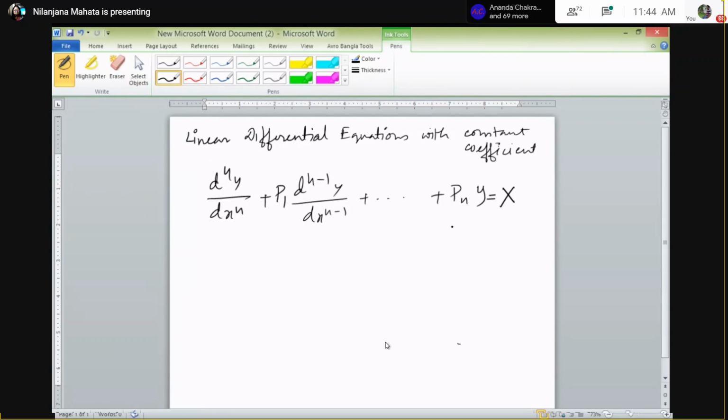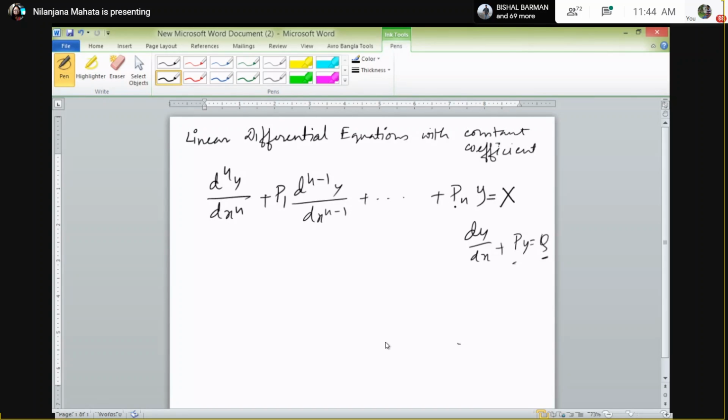These p1, pn and x can be constants or functions of x only. You have already solved these types of problems, where p and q were functions of x or constants only. Here all coefficients p1 to pn are either functions of x or constants, and for this chapter we will consider these terms constants only.